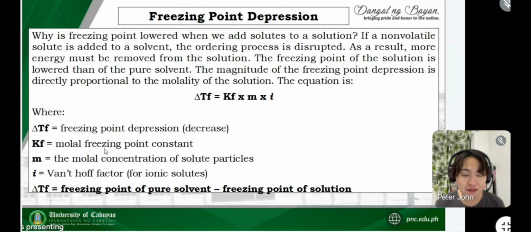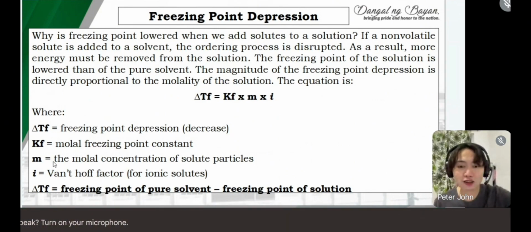Then we have m. So m, or molal, the molal concentration of solute particles. So almost similar formula, but later we will check whether it is in molal na. But pag hindi po, all we need to do is to convert it first into molal.